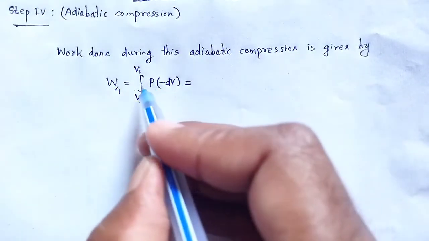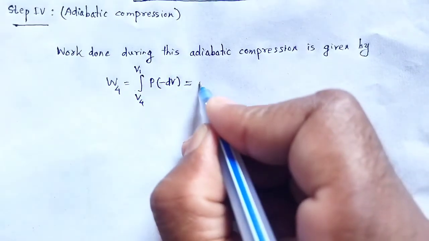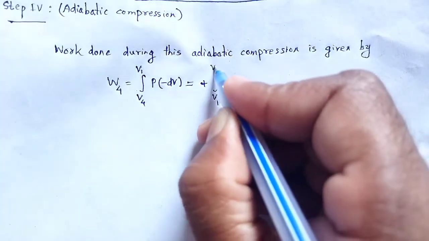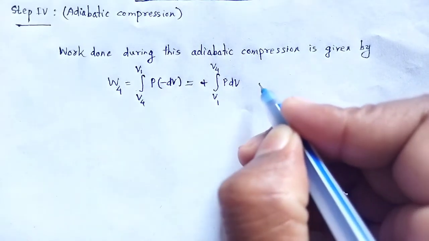So it will be positive when we change the limit from V1 to V4, that is P dV.